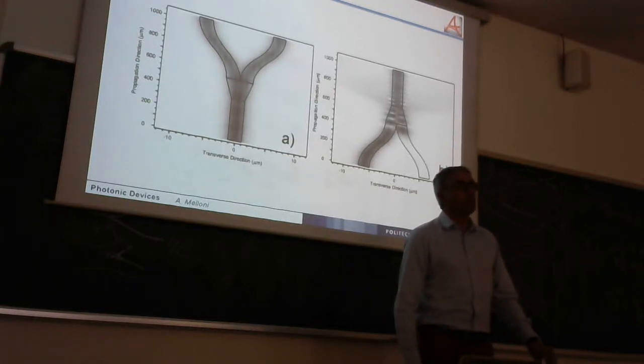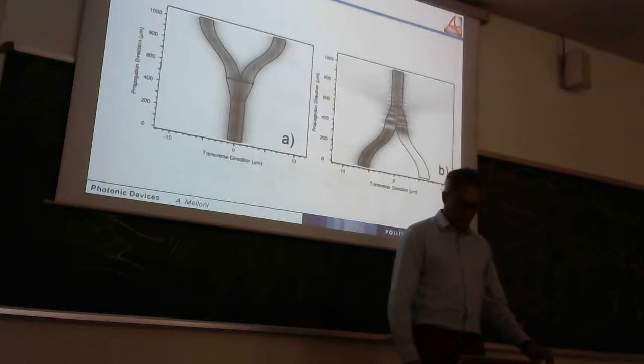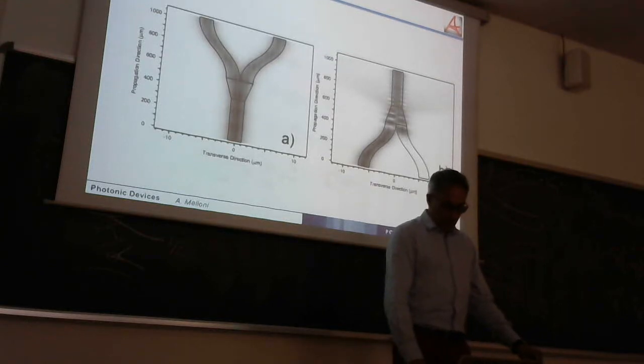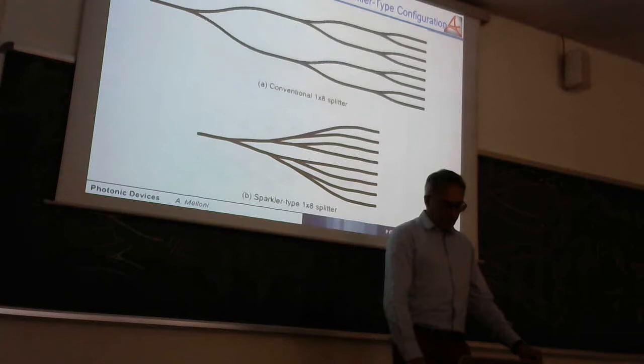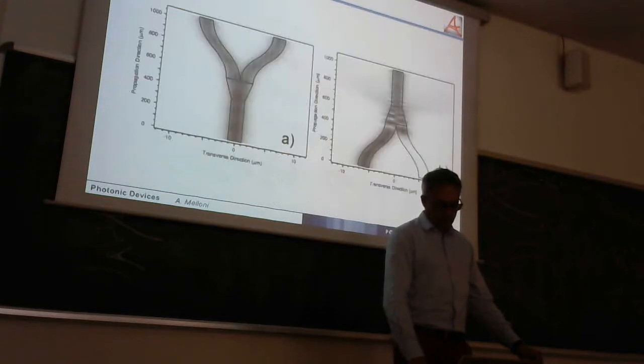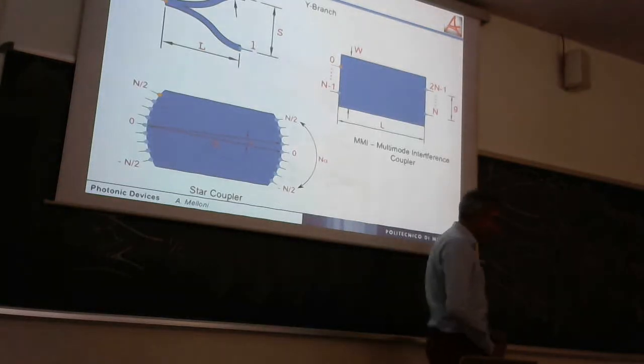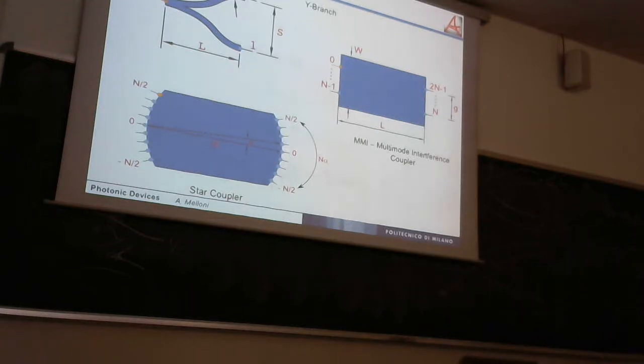I don't want to go too much into detail on this splitter. There are two other very important building blocks, devices to split or combine the input field into many outputs.